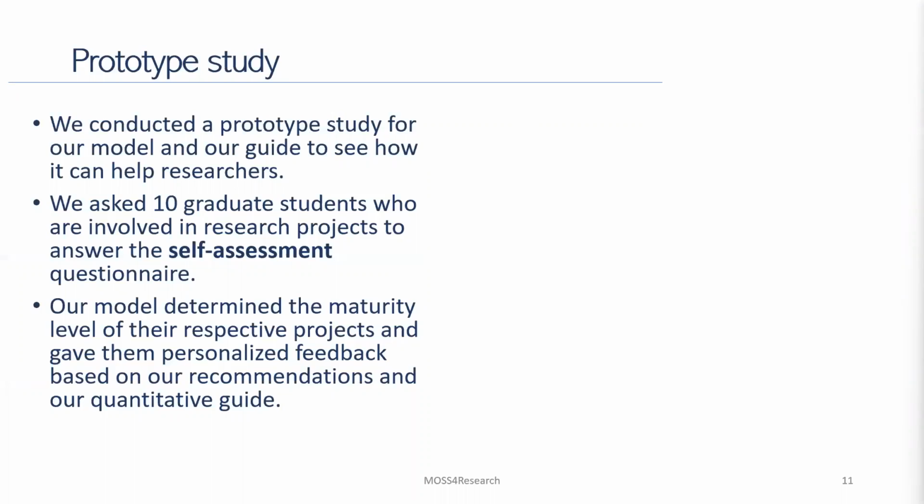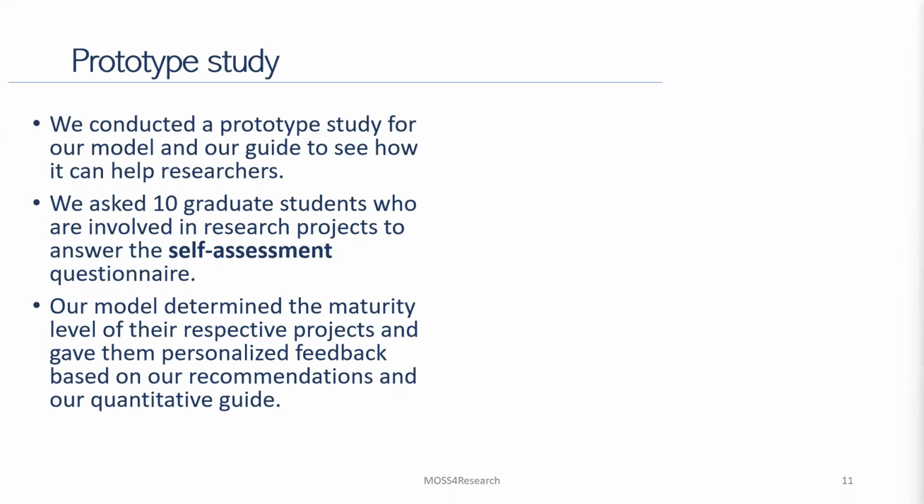To actually test this model, we conducted a prototype study for our model and our guides, to see how it can help researchers. It was a very small study, like research in the framework of the course.